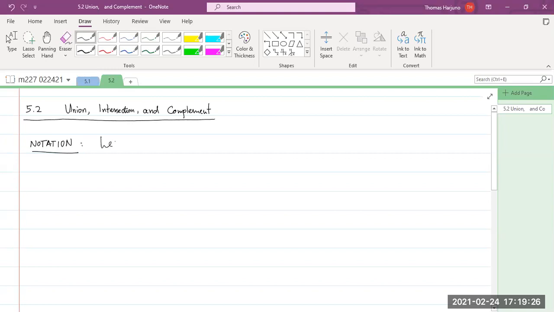Let A and B be events, or you can also say sets.